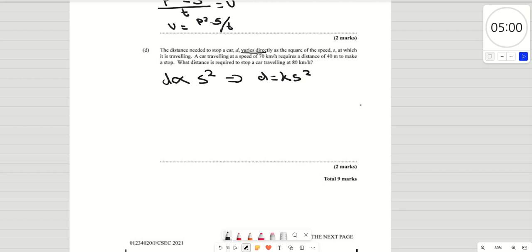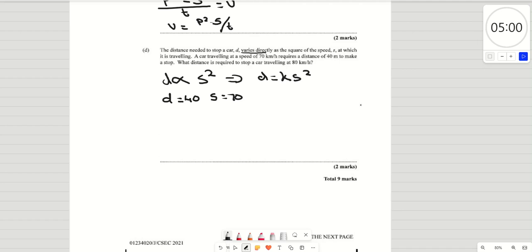A car traveling at a speed of 70 kilometers per hour requires a distance of 40 meters to make a stop, right? So they're telling you D is the distance needed to stop. So when D is equal to 40, your speed is equal to 70. So let us now put that in this equation. We need to find the k, which is a constant, to solve anything.